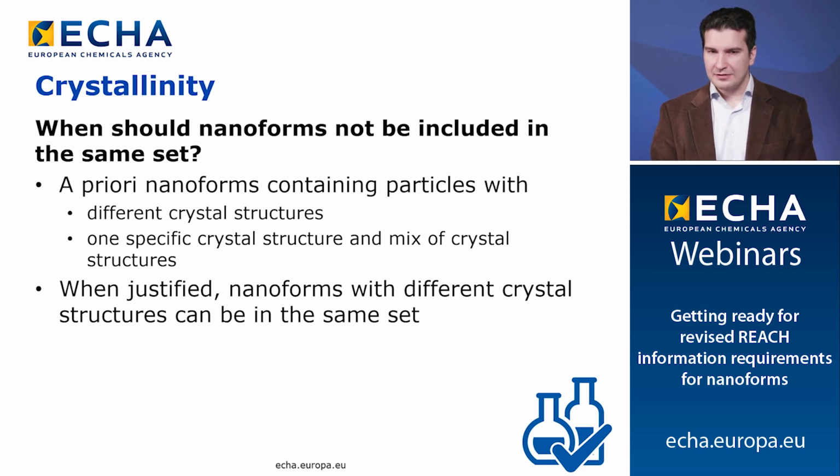Now, having said that, with the appropriate scientific justification, if you have, for example, existing scientific information showing that these different crystal structures have the same hazard properties, then you can put these crystal structures in the same set.